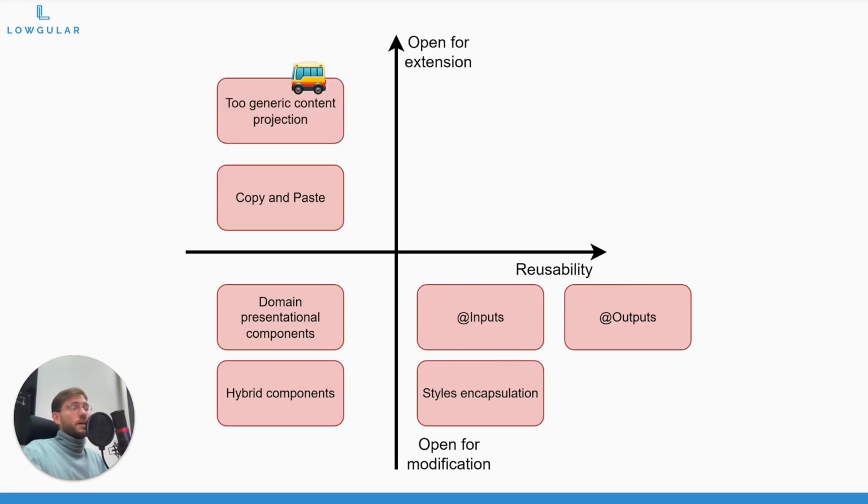Okay, but heading to the end, we learned that content projection is awesome, but can introduce two generic components, which are ultra open for extension, but not reusable at all. Eventually, we found the green land. We understood that sometimes introducing a component is over-engineering, and instead we can just use styles for styles.